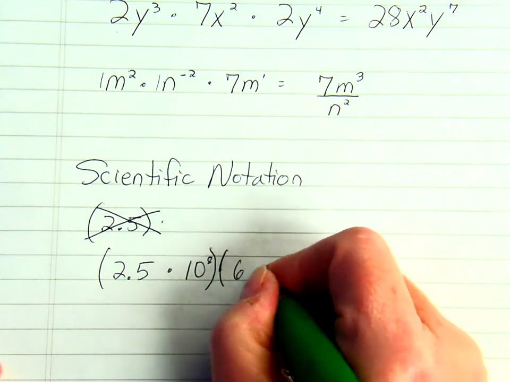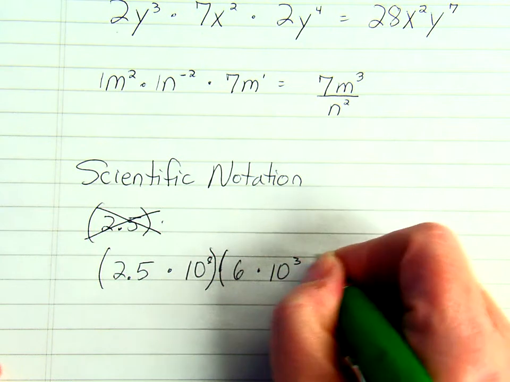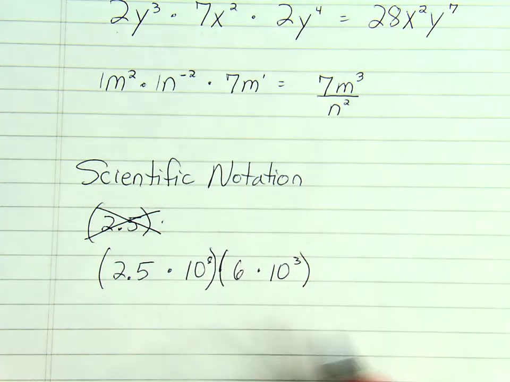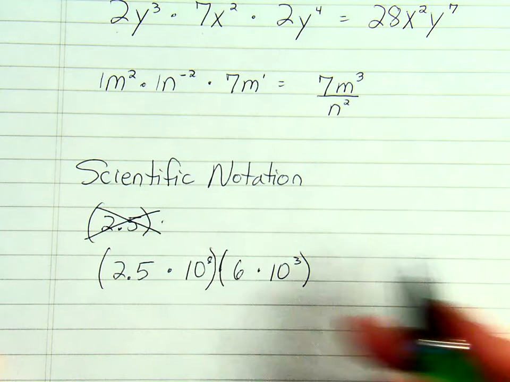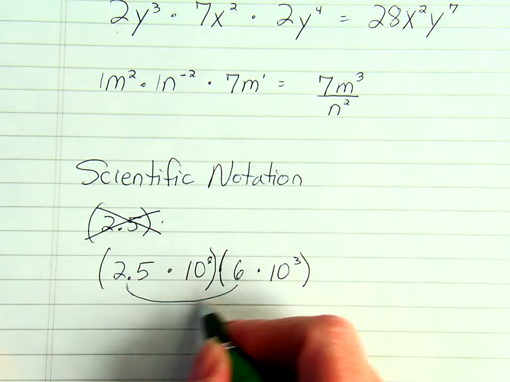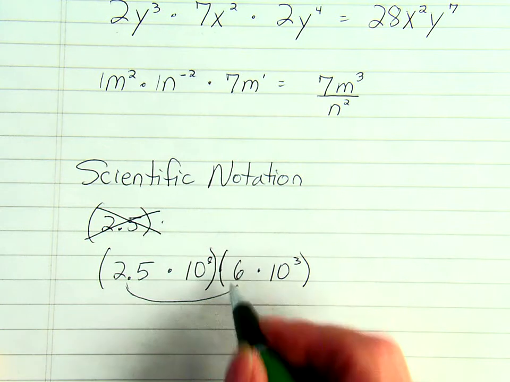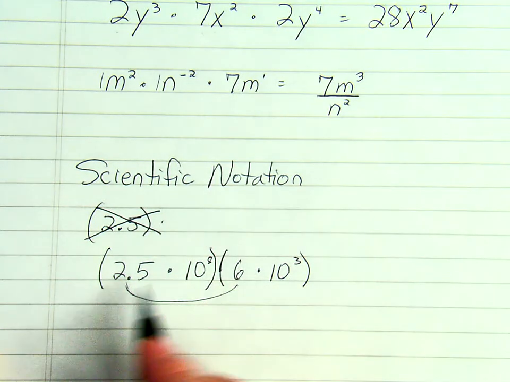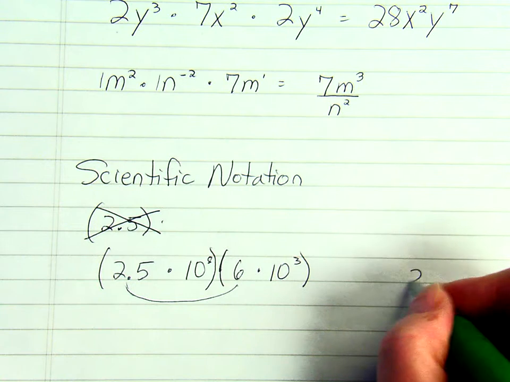And 6 times 10 cubed. So what we are going to do here is multiply our first numbers. So we've got 6 times 2.5.